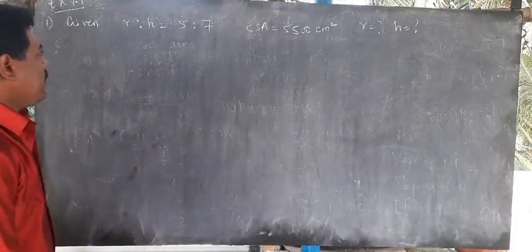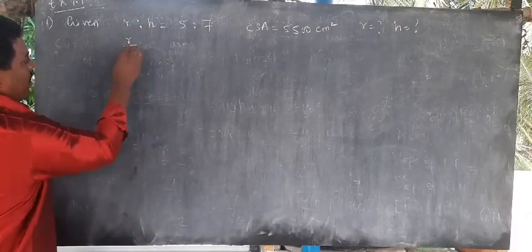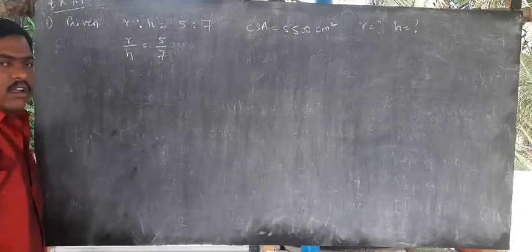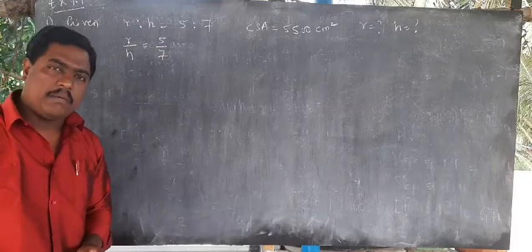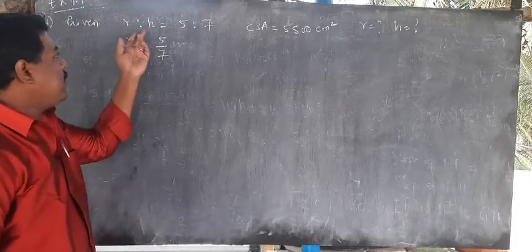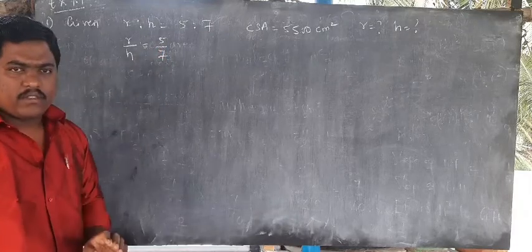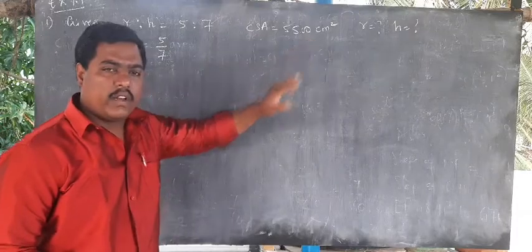So this ratio means we write r by h equal to 5/7, for all the sums, for all the chapters. When a ratio is given, we need to write r by h equal to 5/7. CSA is 5500 centimeter square.